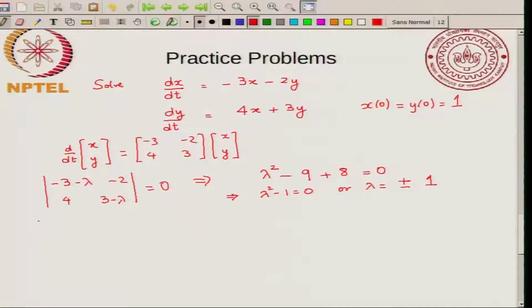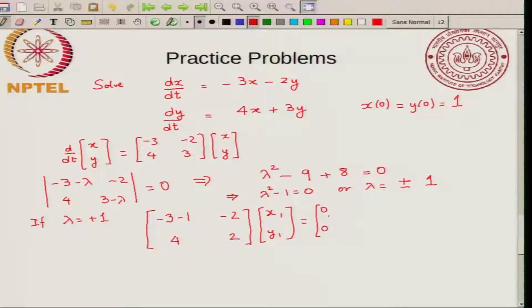Okay. Now if lambda equal to plus 1, then to solve for the eigenvectors we have to use the condition: the matrix minus 3 minus 1, minus 2, 4, 3 minus 1, now 3 minus 1 is 2, times x1 y1 equal to 0 0.